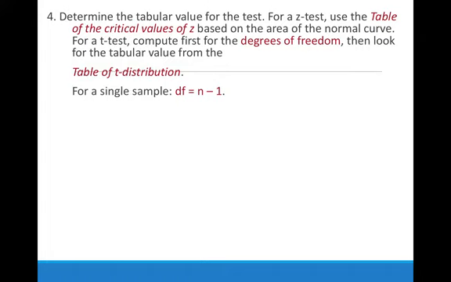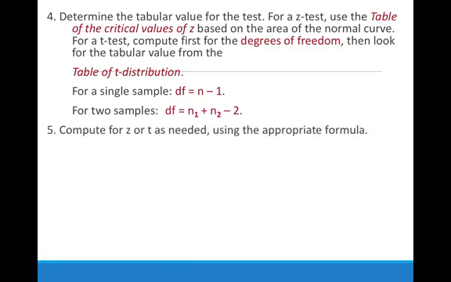For a single sample, the degrees of freedom is equal to the sample size n minus 1. And for two samples, the degrees of freedom is equal to n sub 1 plus n sub 2 minus 2. So these are the sample sizes of the two groups.